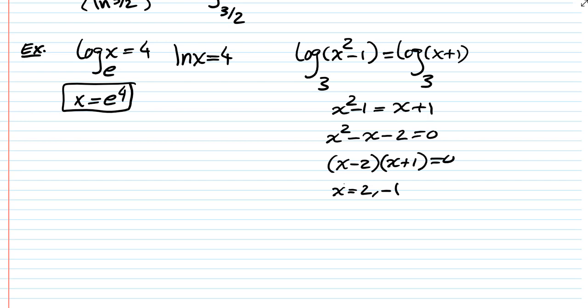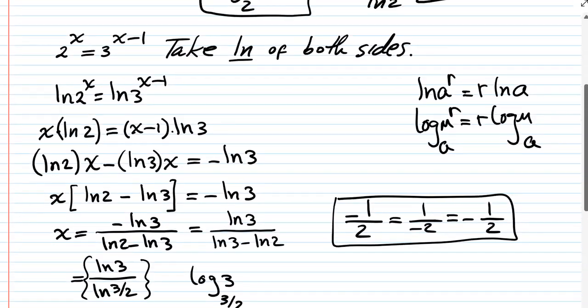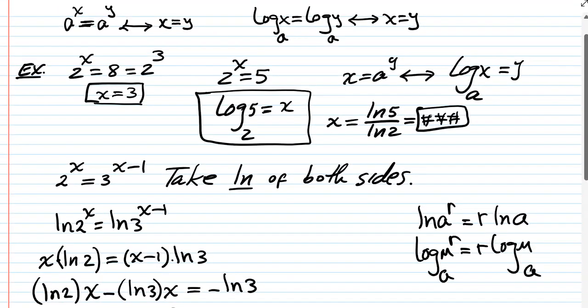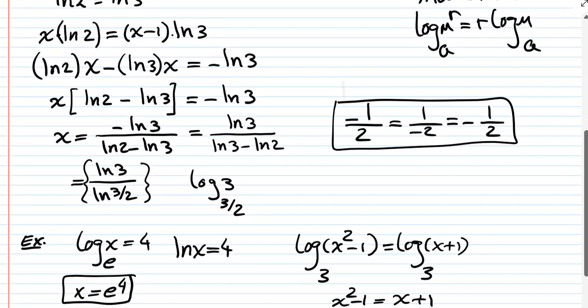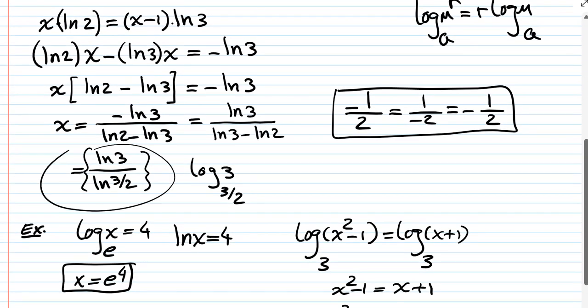Now one thing here, by the way, very important. When we solve the exponential equation, x equals 3 and here x equals log 5 base 2, that was the solution. I don't check these solutions if I'm comfortable with the way that I found them.